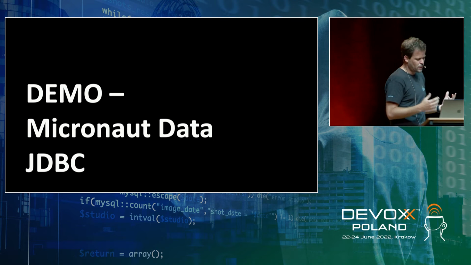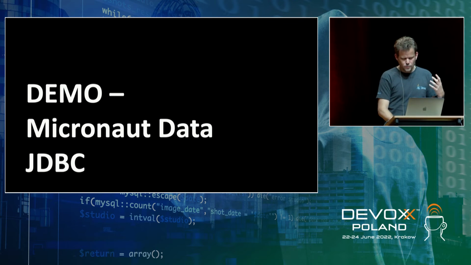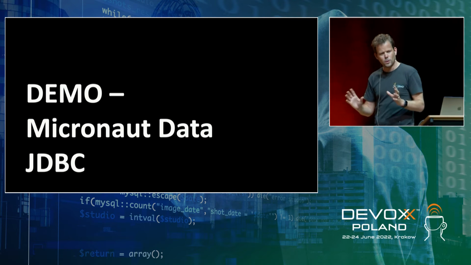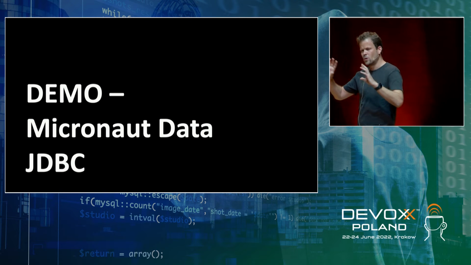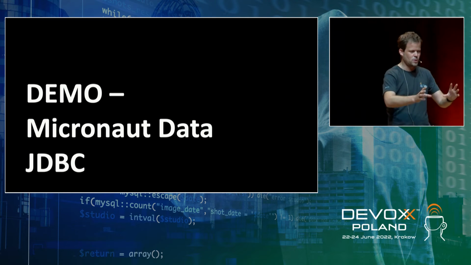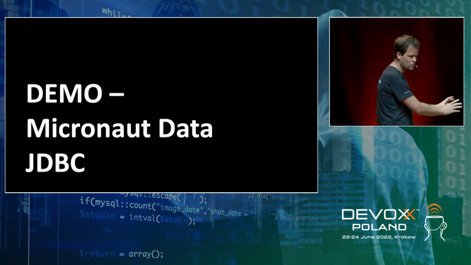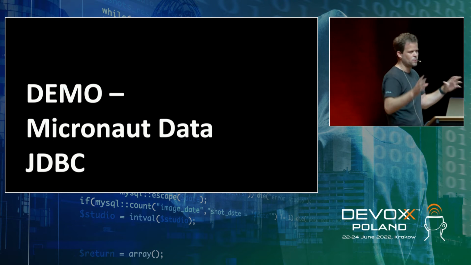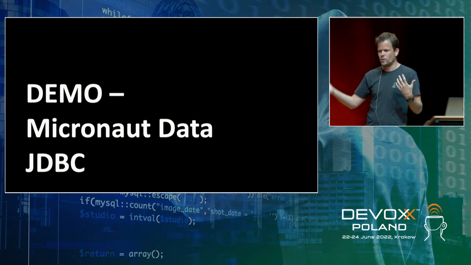Now, the cool thing about this is that this is more for people who love SQL. If you really like SQL and you don't want an ORM tool to get in your way, you don't want an object relational mapper, you just want to focus on your SQL and you want to map it to result sets, right? That's all you want. You don't want lazy loading.